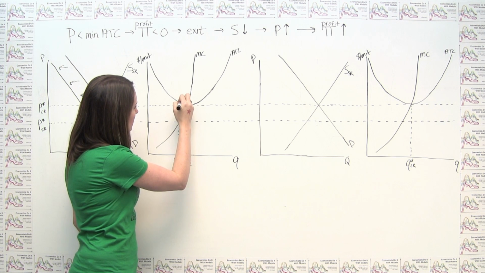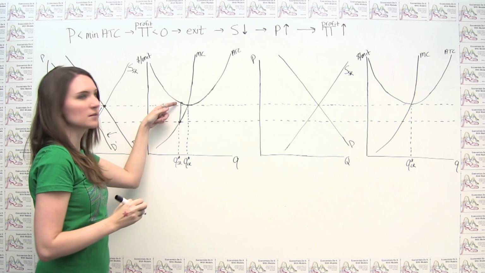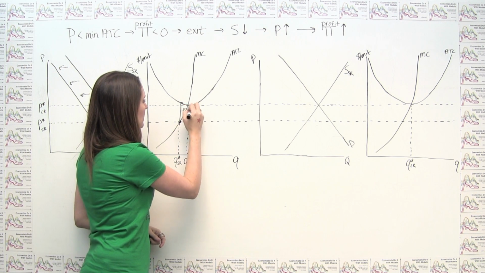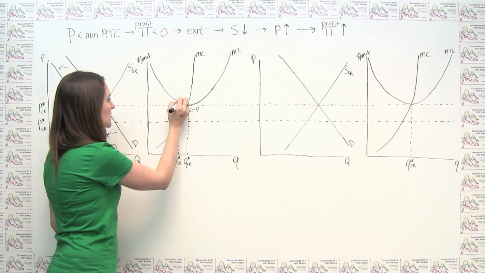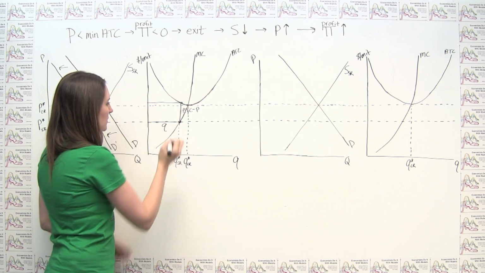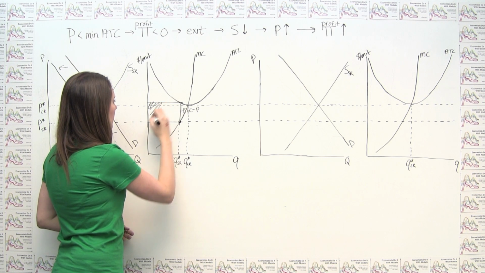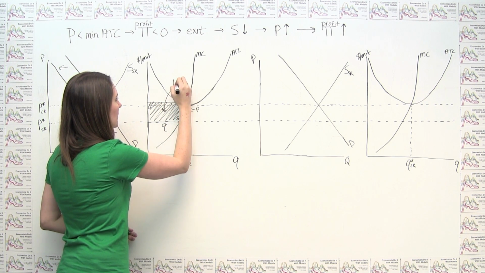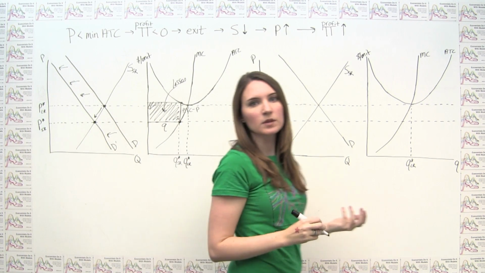The height of that rectangle is just the difference between average total cost at the quantity we're producing and the price, so you can see ATC minus price here. And again, just extending this to the left to make a rectangle with our width being quantity, this here represents the economic losses that the firm is facing.